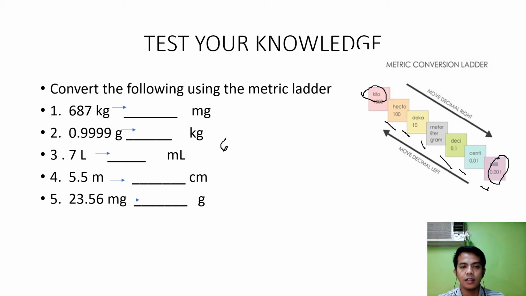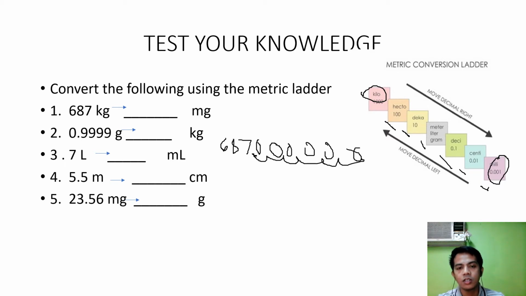So 687 kilograms. So this is the decimal place. So 1, 2, 3, 4, 5, 6. So we need to fill the empty places with zeros. 5, 6. So the answer is 687 million.